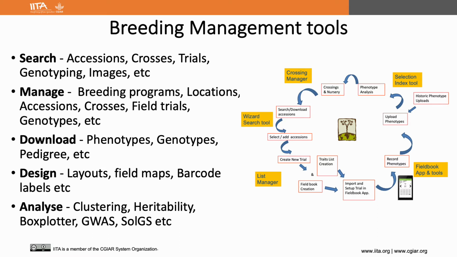On CassavaBase, we manage breeding programs, locations, accessions, crosses, etc. Managing basically means adding, editing, or deleting. CassavaBase has different user roles. Only a few experienced users from each breeding program are given submitter or curator permission.